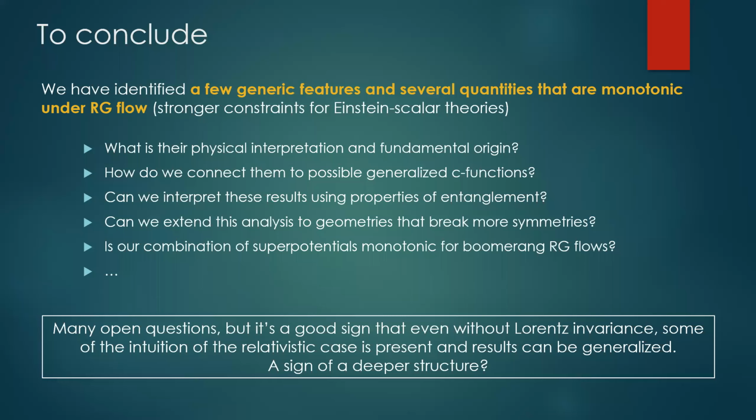There is, however, also something to remember, as proven explicitly by looking at stress tensor correlations, by, I think, Friedan and company: if there is a monotonic C function, there is an infinite number of different monotonic C functions. So the C function, if it exists, is not unique. There are different measures, if you wish, to track this, and there might be many different types that you can define.